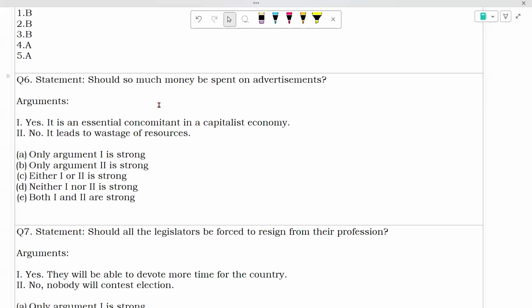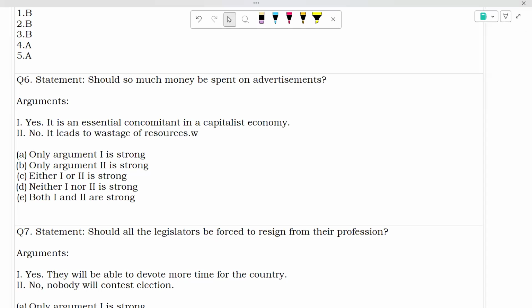And second one says no, it leads to wastage of resource. Which one is weak? Second is weak. Everybody agrees. Okay. So this is weak.